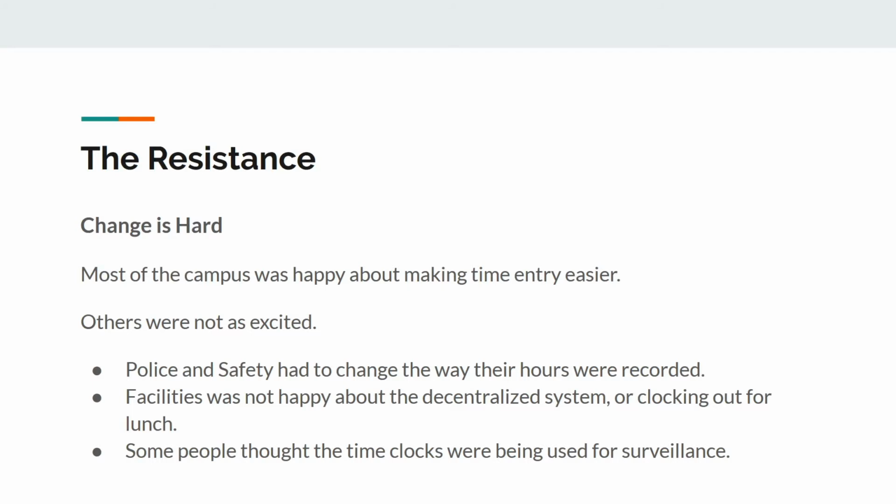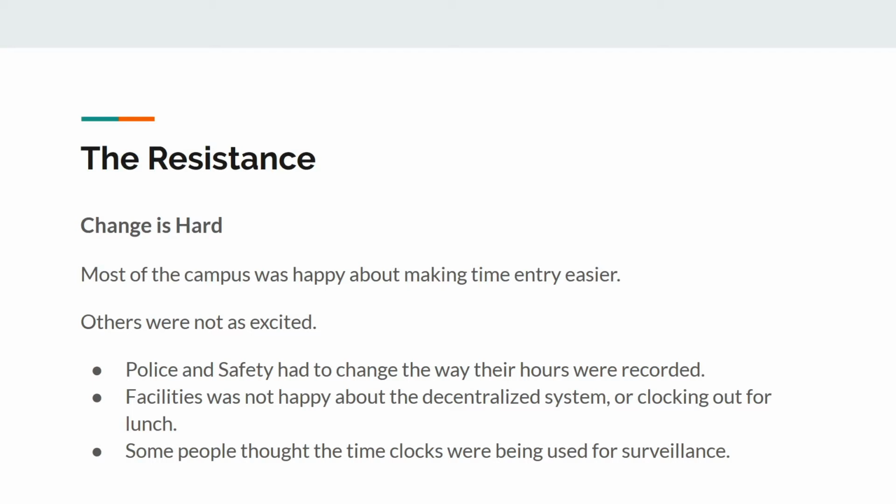Facilities was also not happy about it, and they were actually a little more upset about it than police and safety. The reasoning behind that is because in the beginning, as I mentioned before, they used a centralized time clock system. So everybody was coming in the morning, and the management in that department really liked that. They liked everybody coming in. They liked being able to talk to them and get them lined out for the day and making sure everybody's doing what they're supposed to be doing.